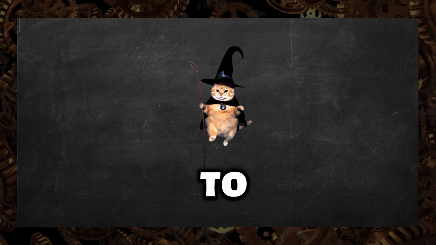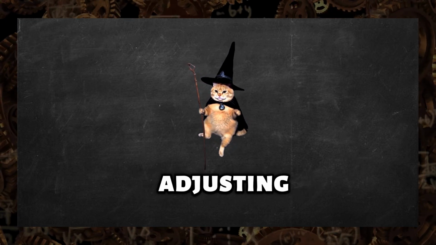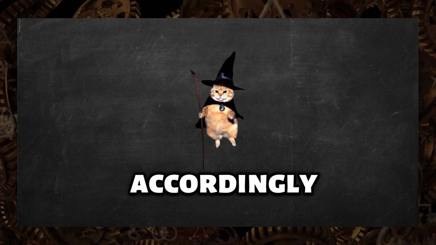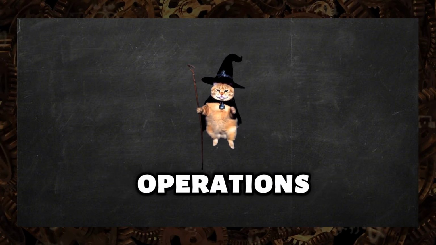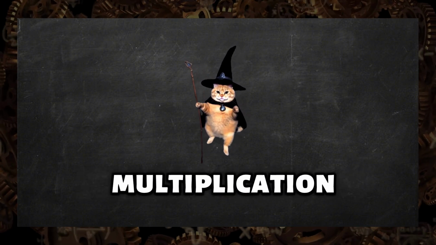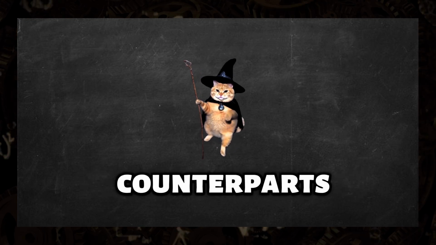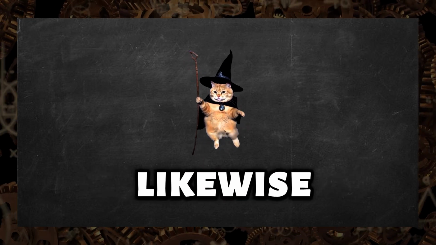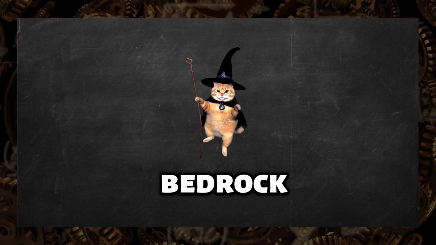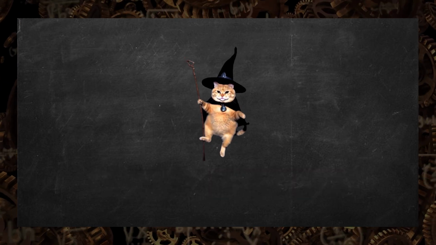Division moves points to make the divisor whole, adjusting the dividend accordingly. These operations interconnect, with multiplication and division as counterparts, addition and subtraction likewise, forming the bedrock for advanced mathematics.